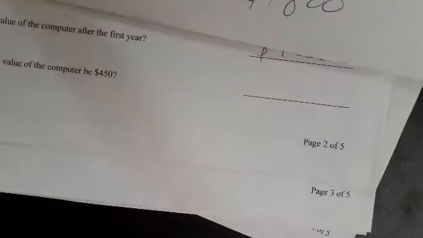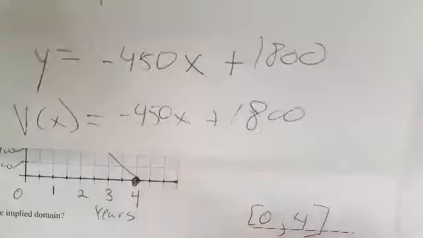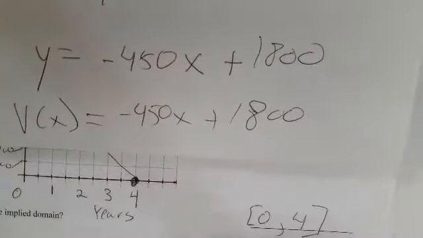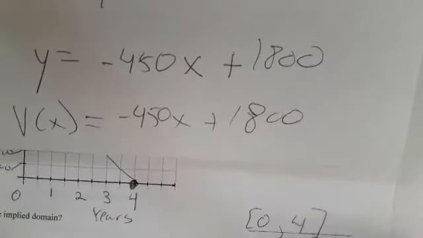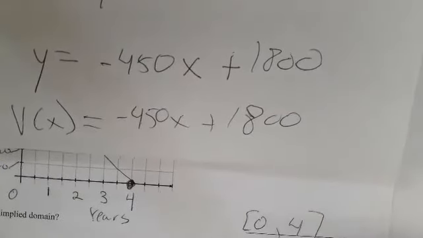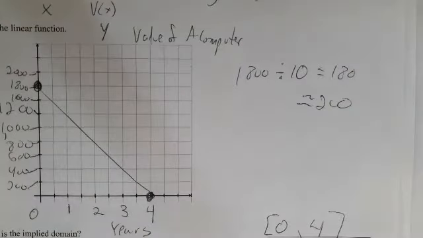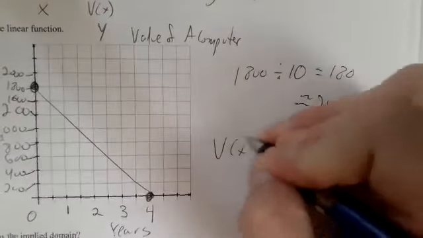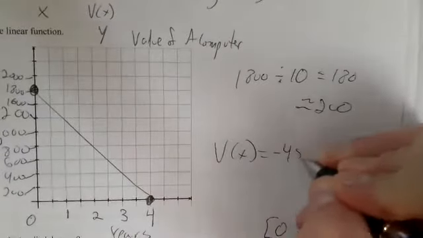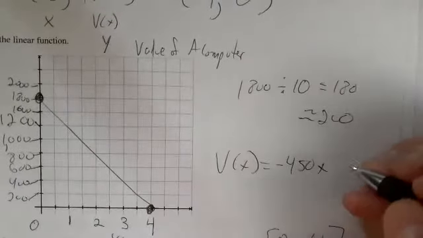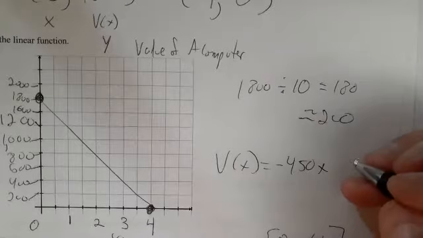And let's go back and look at this. When will the value of the computer be 450? Let me write the equation right here, v of x equals minus 450x plus 1800.